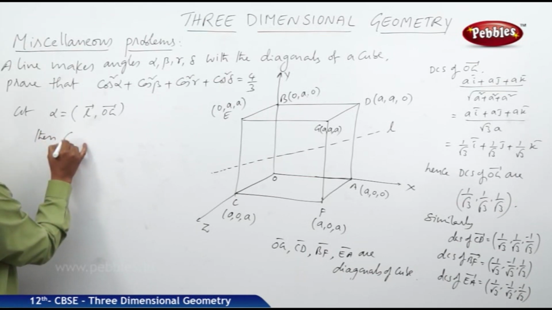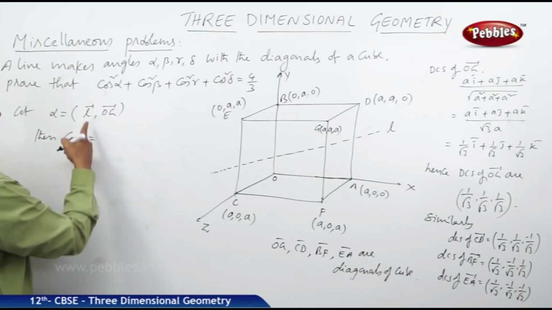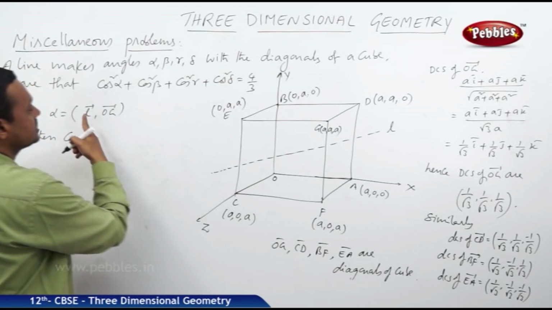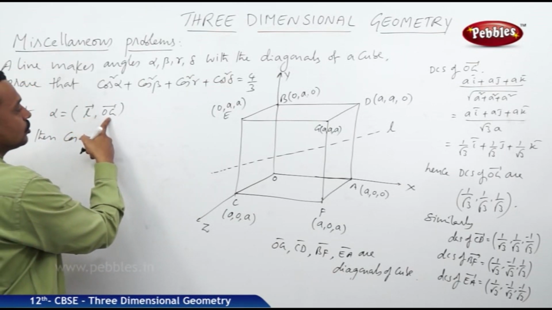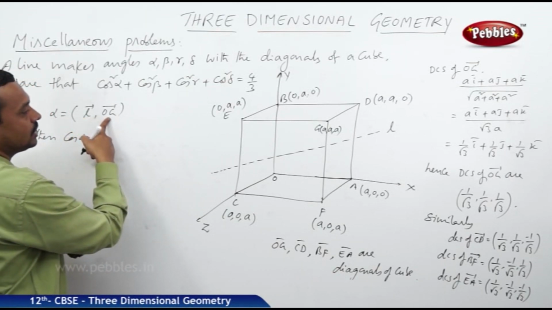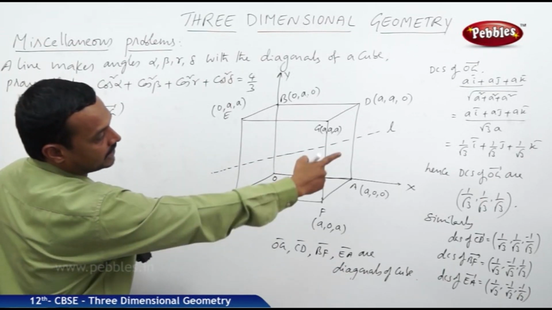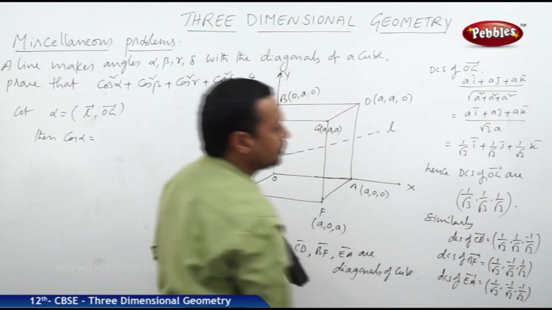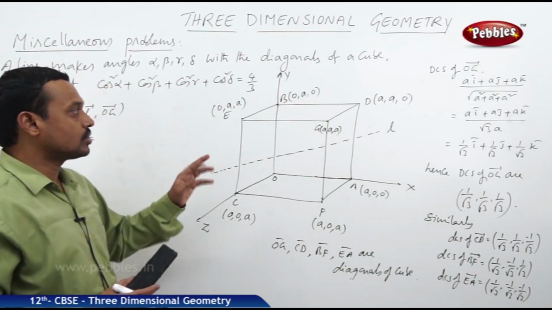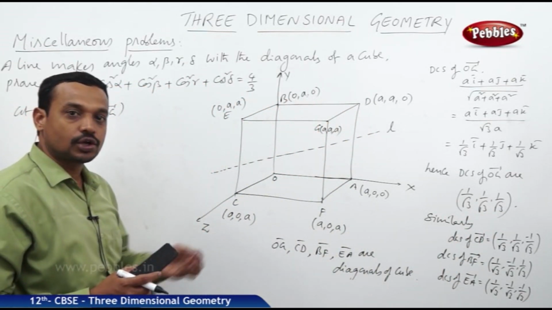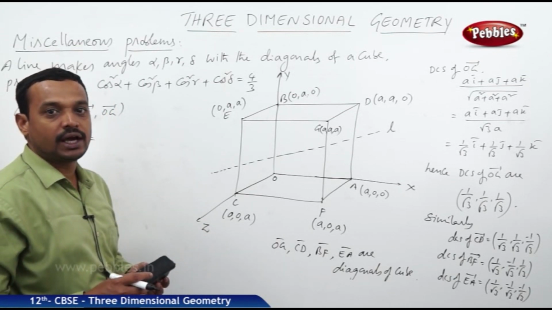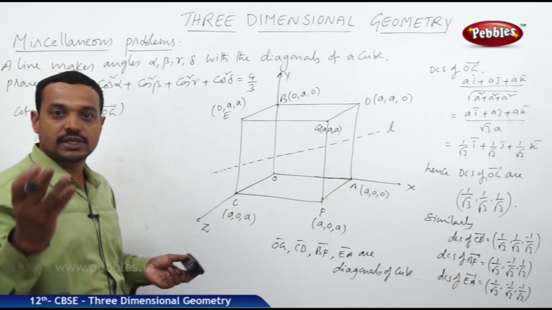Then cos alpha is equal to, so here the direction cosines of the line L are given as l, m, n, and direction cosines of one diagonal OG are defined as 1 by root 3, 1 by root 3, 1 by root 3. So when the direction cosines of the two vectors or two lines are known, then cos of the angle between them is given by l1 l2 plus m1 m2 plus n1 n2.